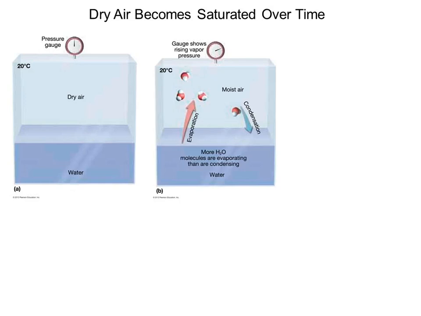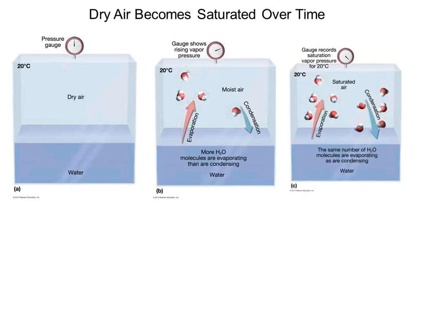Isn't that adorable? It's flicking, right? So you give a little bit more time, and now what would you say about the rates of evaporation and condensation? They are the same. It's at equilibrium. The air is saturated. 100% relative humidity. It's all muggy in there, okay?